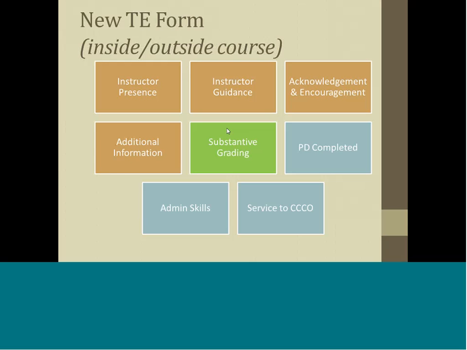And then the last three boxes are the boxes that are outside the course. And those are things, again, that just follow what is already in and has been in the instructor handbook. So you've got the professional development requirement completed.